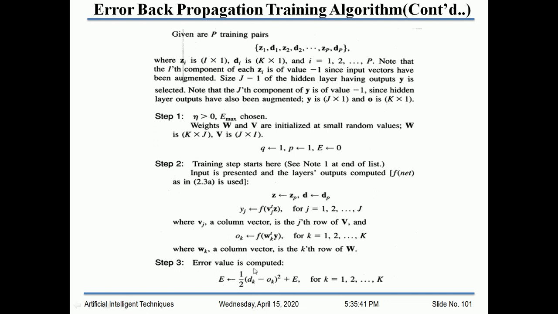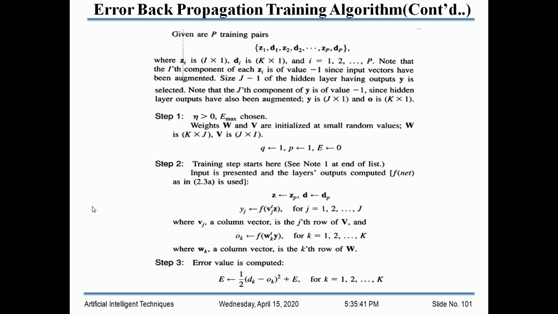E is equal to half into (dk minus ok) whole square plus error. Error is anyhow initially 0. So E equal to half into dk minus ok. If I consider the first neuron, d1 is the desired output, so (d1 minus o1) whole square plus (d2 minus o2) whole square plus (d3 minus o3) whole square, and so on.